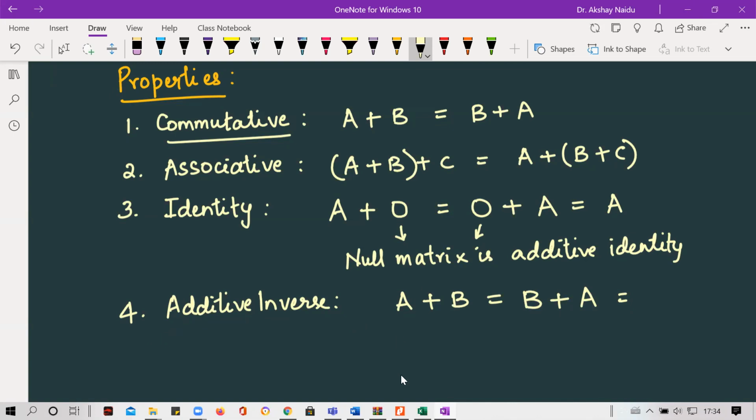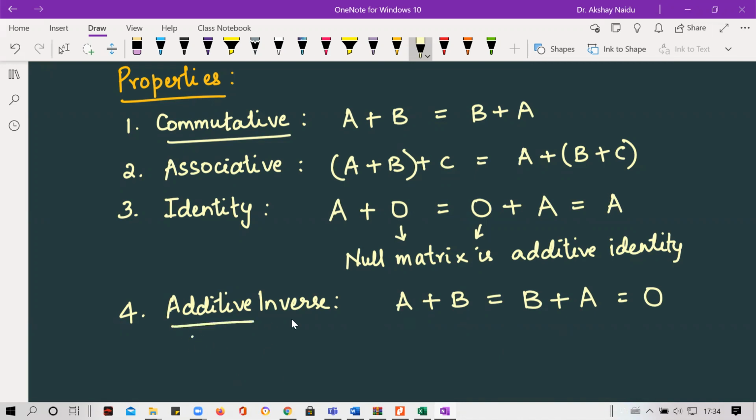No one? Changing the sign of a particular number. All right. If to a matrix you add another matrix such that you get a null matrix, that means first of all B and A should be of the same order.